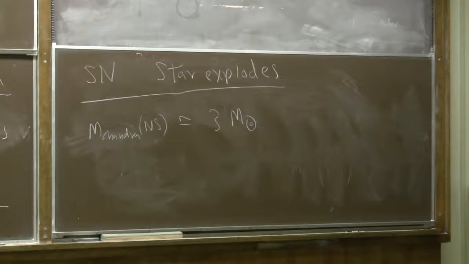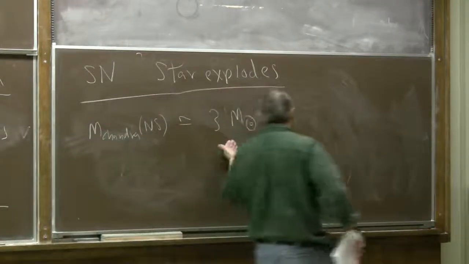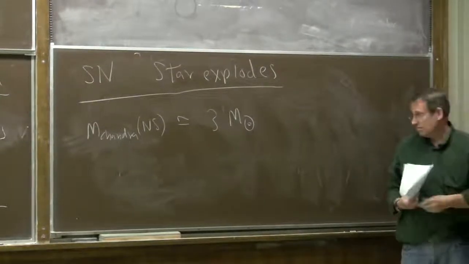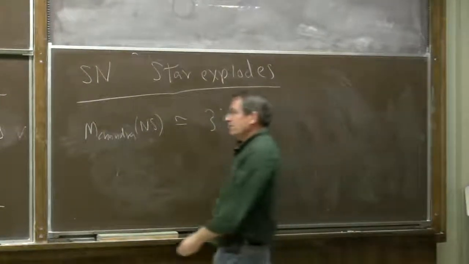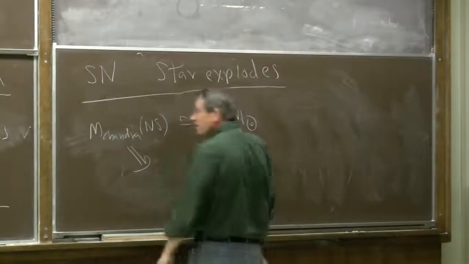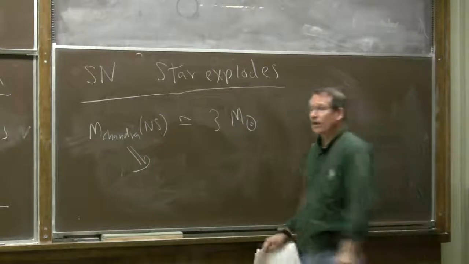So there's a region of mass where we can't have white dwarfs, but we can have neutron stars. But they, too, eventually get so heavy that the neutrons become relativistic, they go unstable, and then what happens? When the mass is bigger than the Chandrasekhar mass for a neutron star, nothing can stop the collapse, and we get a black hole.